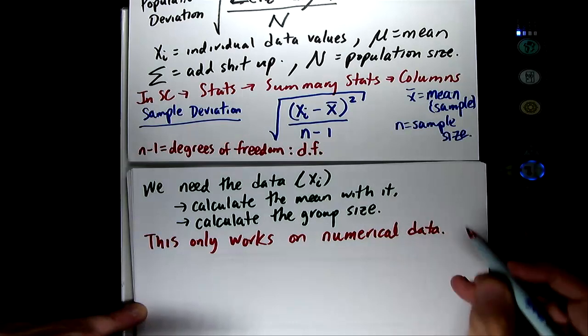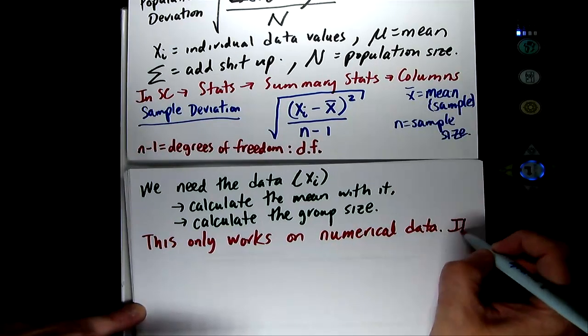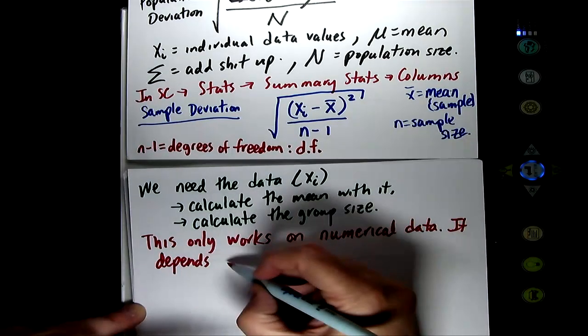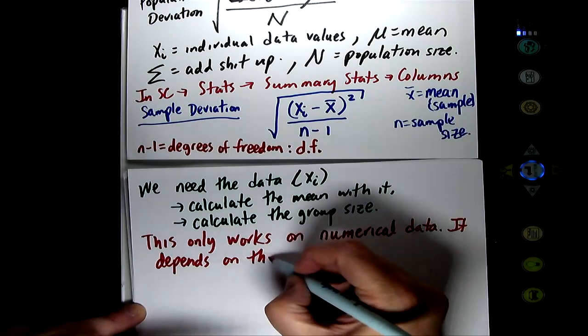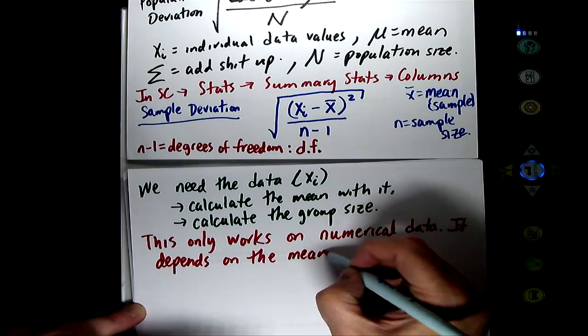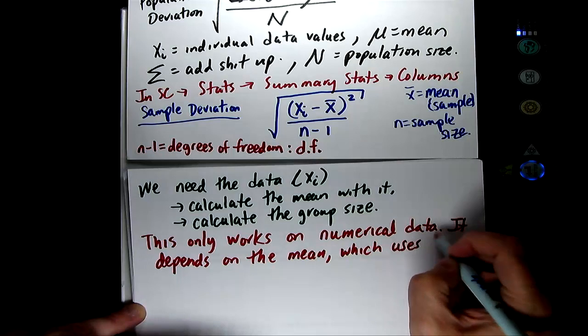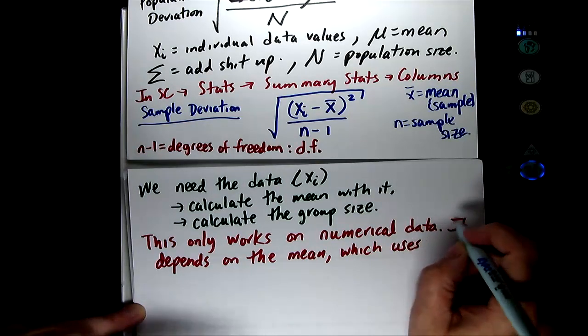A big reason for it is it depends on the mean, and that uses numerical data. Also known as quantitative data.